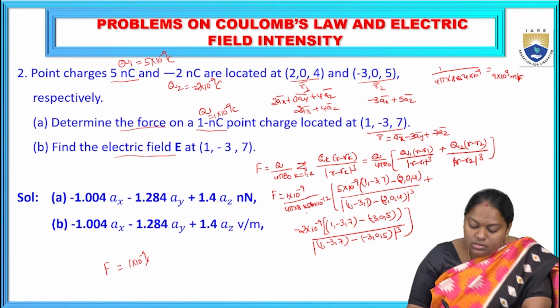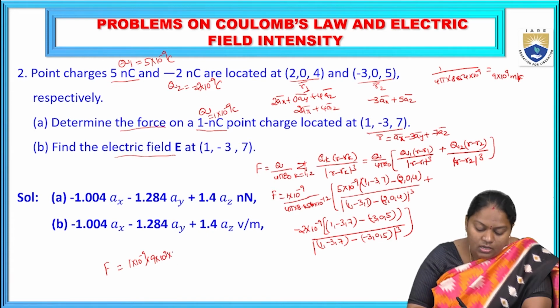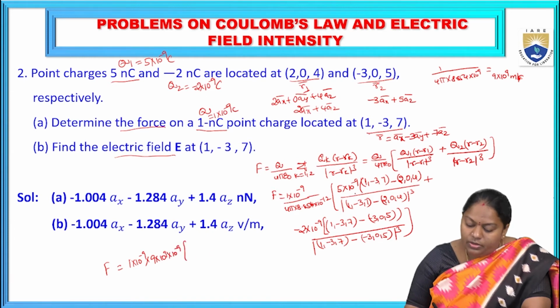Now, in place of this, we substitute 9 into 10 power 9, and 10 power -9 is common between the two terms, because Q1 and Q2 are given in terms of nano.